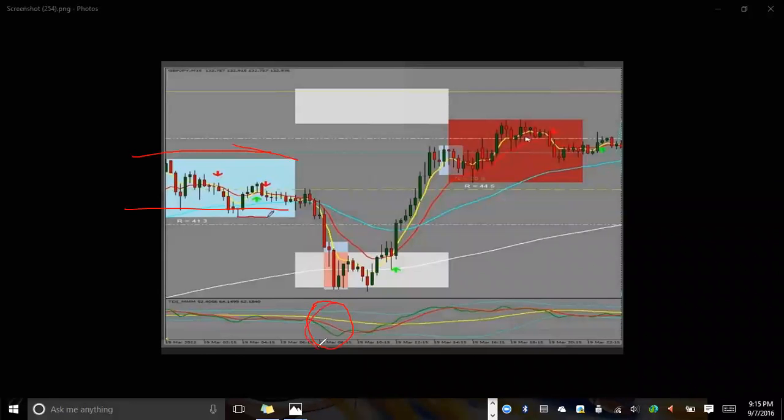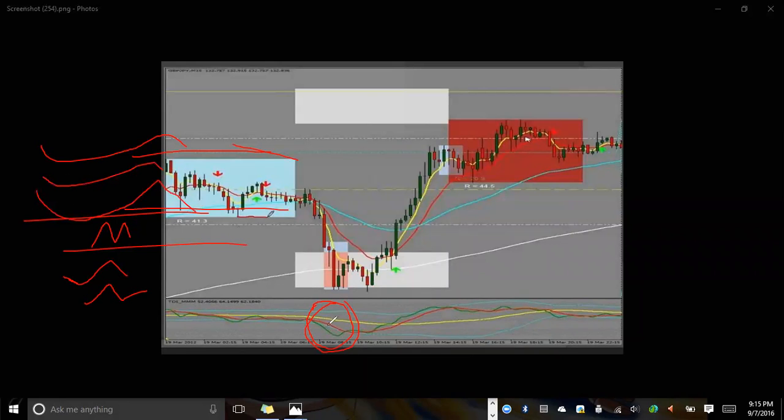Don't worry, new students, I break down what the TDI has. The green is the RSI price line, the yellow is the market baseline, the red is the signal line, and the outside is the volatility bands, kind of like Bollinger Bands.